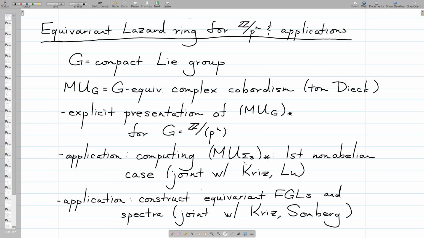Another application is constructing equivariant formal group laws and the spectra that correspond to them, and that work is joint with Kriz and Sang. I'll try to talk about those two things toward the end.